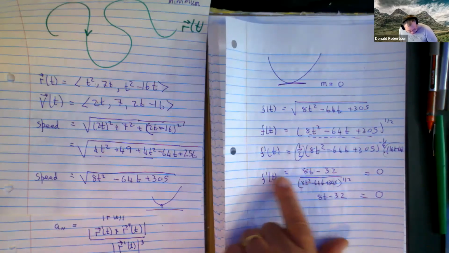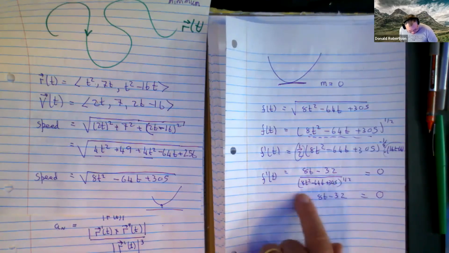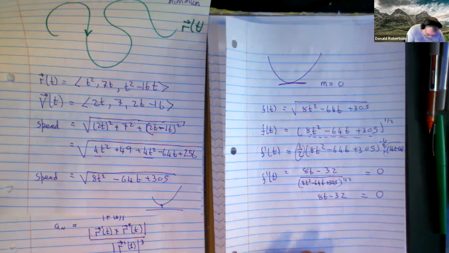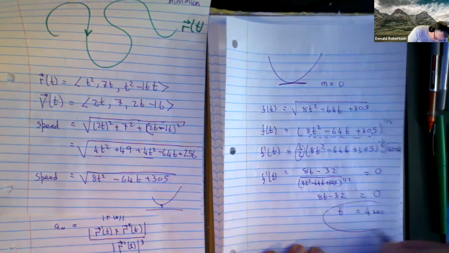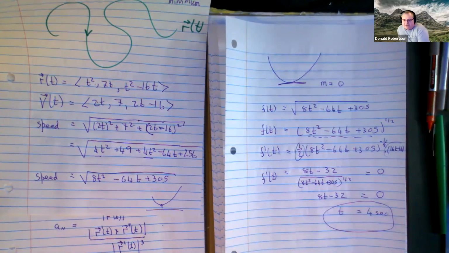So all we do when we have a fraction equal to 0 is find out what makes the top 0, which in this case is 4 seconds. And we have answered our question. When is the derivative 0? It's 0 at t equals 4. That's what they wanted to know.